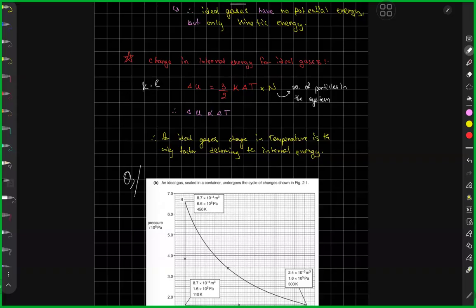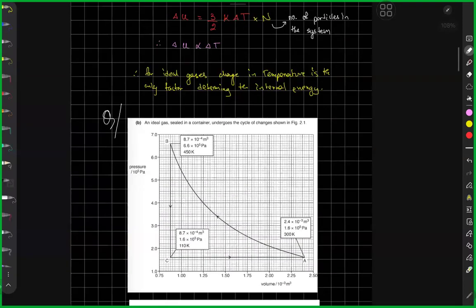Since internal energy is simply kinetic energy plus PE, but there is no potential energy, internal energy is simply kinetic energy. So change in internal energy is change in what? Kinetic energy. So change in kinetic energy, or change in internal energy, is equal to 3/2 kT. And hence my internal energy is related to temperature only. Fair enough?